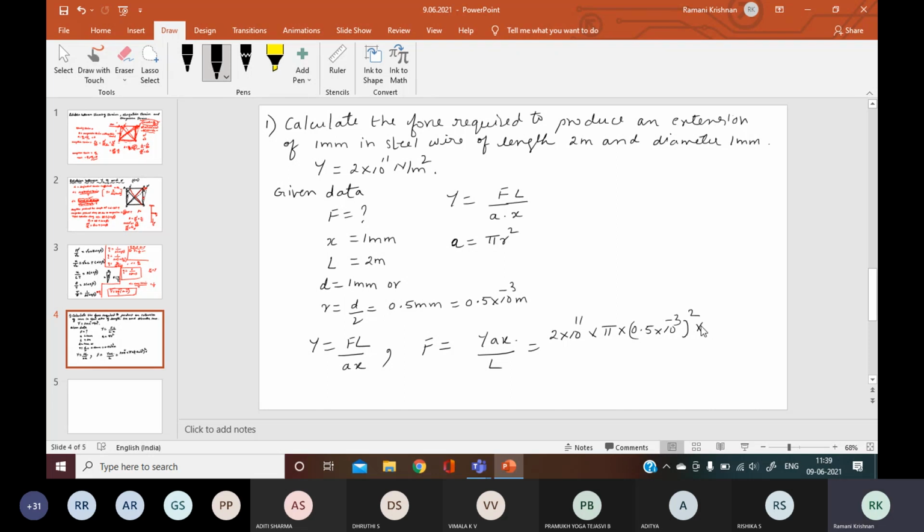Extension also you have to convert: 1 into 10 power minus 3 meter, divided by the length of the wire, 2 meters. Answer.